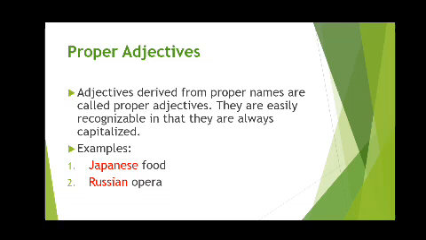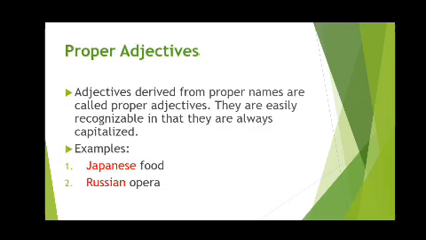Basically, because of its proper noun nature, as it qualifies the noun, we call it a proper adjective. So Japanese food, Russian opera. Food and opera are both nouns, both are qualified by proper nouns, but here they are acting as adjectives, and we call them proper adjectives.